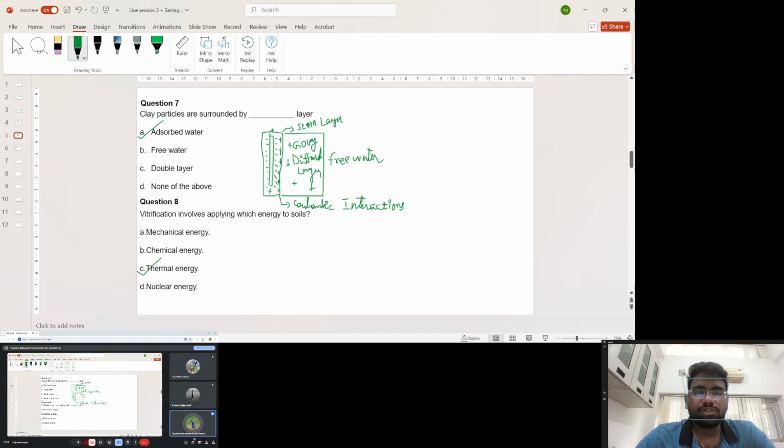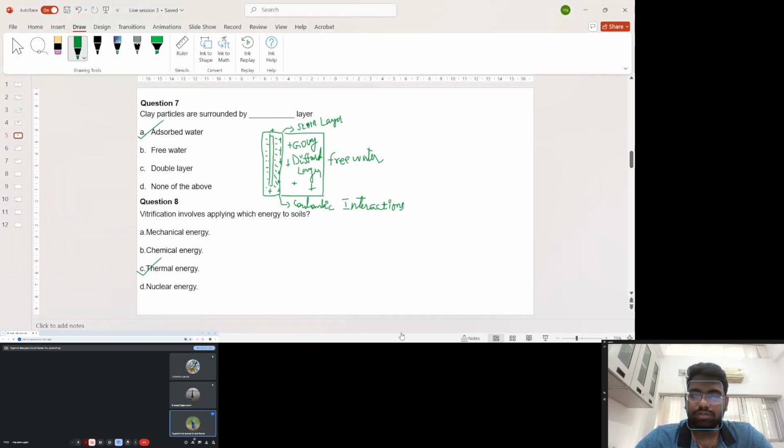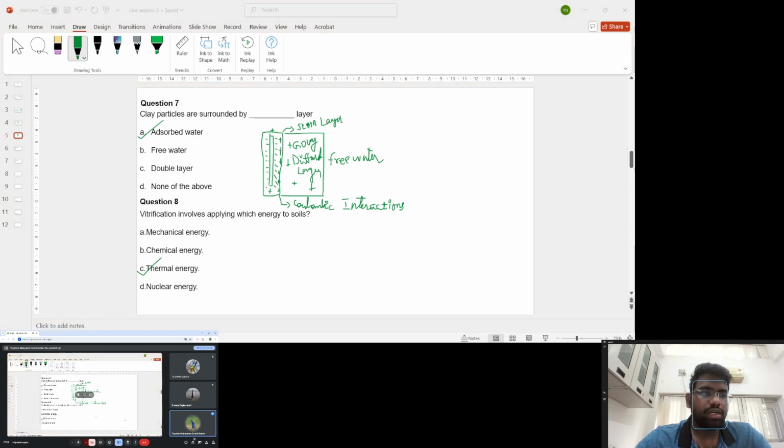Tiles are also a kind of clay, so most of the tiles are clays. These clays are getting vitrified to make them brittle by imparting thermal energy. Understood? Clear, right?